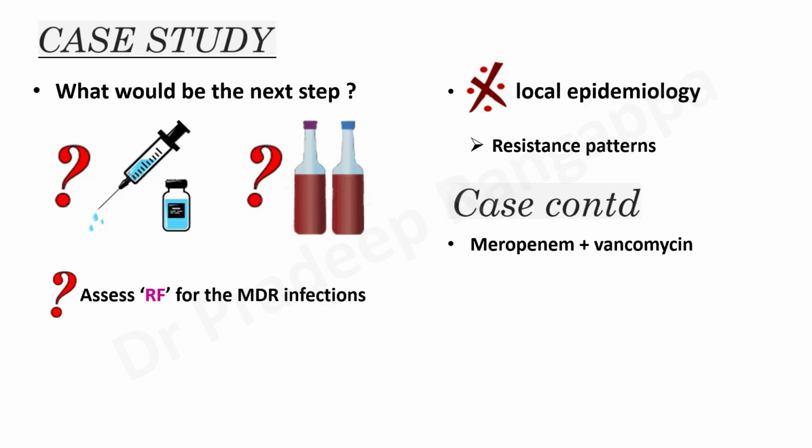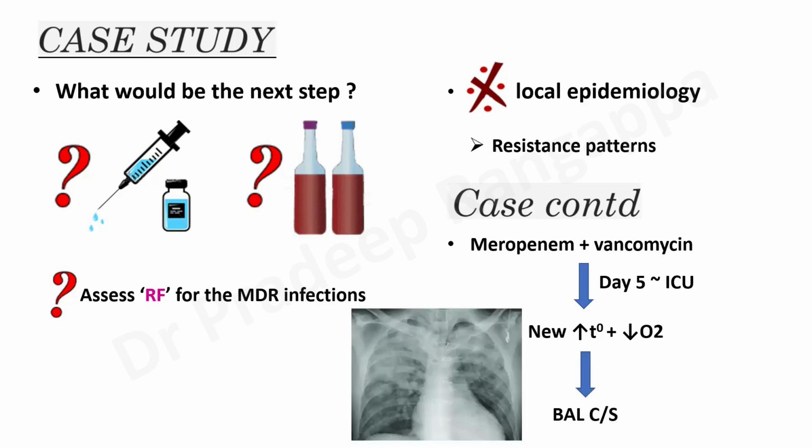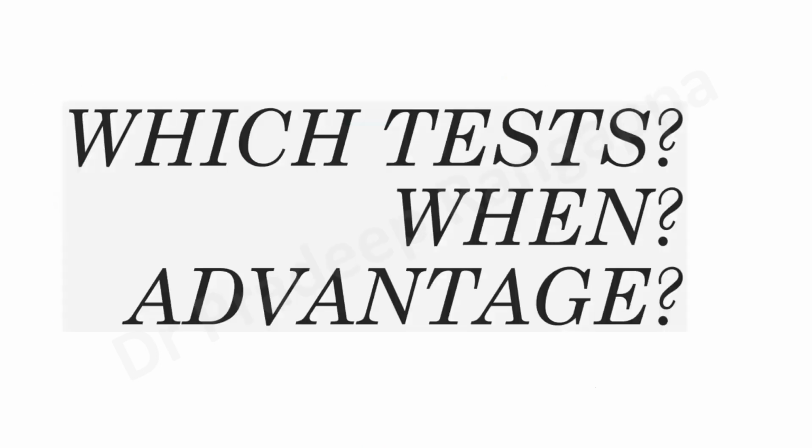So this patient anyway gets put on meropenem and vancomycin because she has had multiple admissions in the recent past. On day 5 in ICU, she develops new fever and hypoxemia, and a lot of lung infiltrates bilaterally, and BAL culture is sent. Again, the reason for this narrative is not to ask what antibiotic you will start.